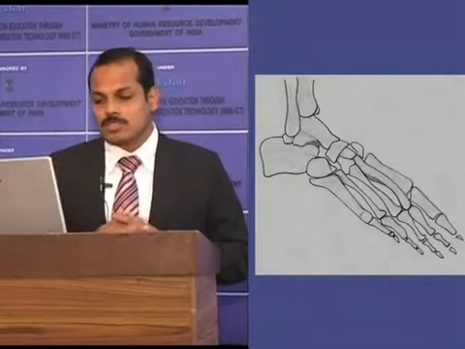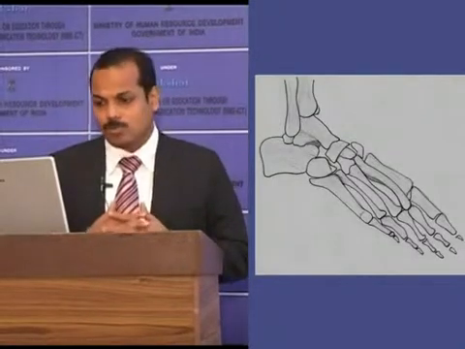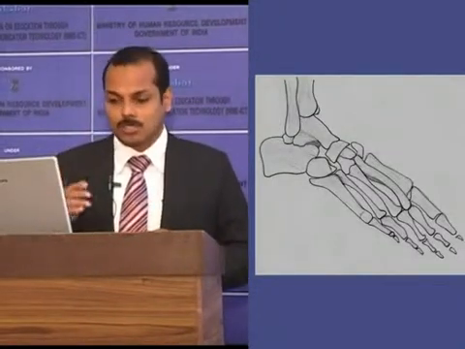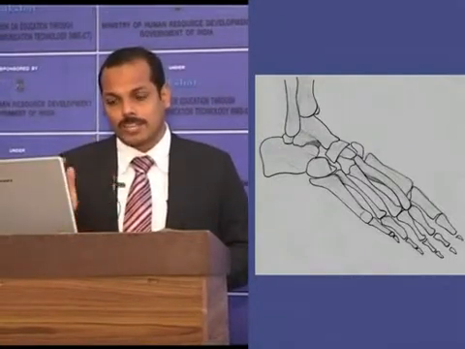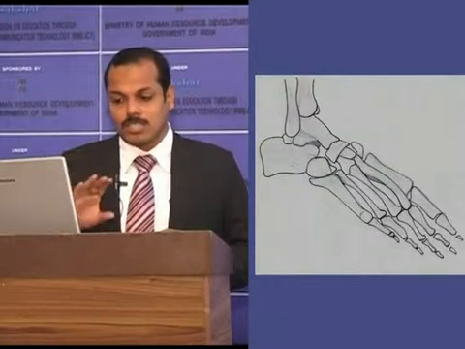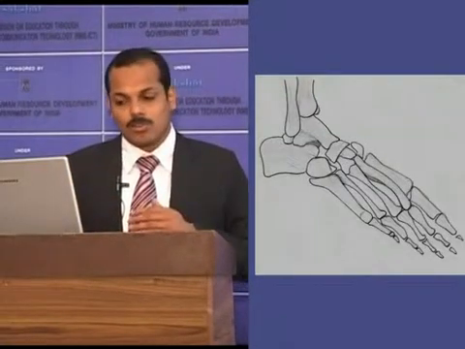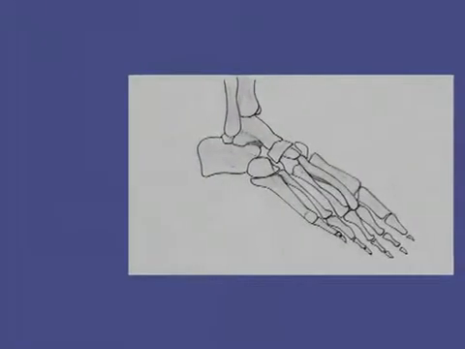The major joints in the ankle and foot complex include the tibiofibular joint, the talocrural joint or ankle joint, and the calcaneal joint, also called the subtalar joint.